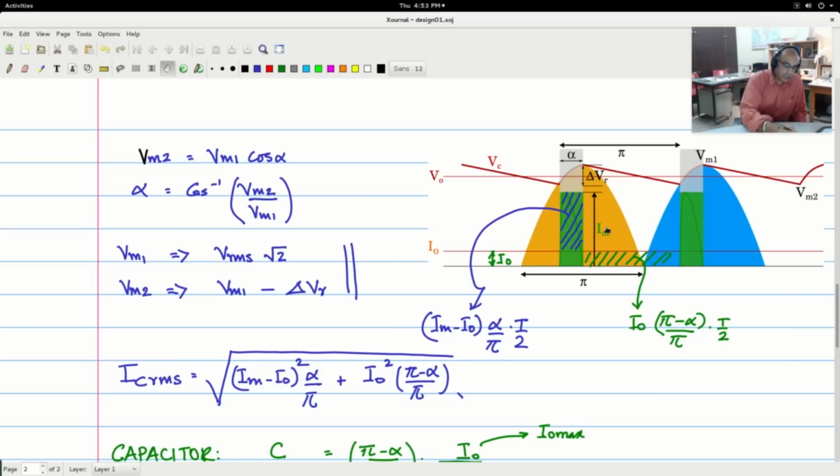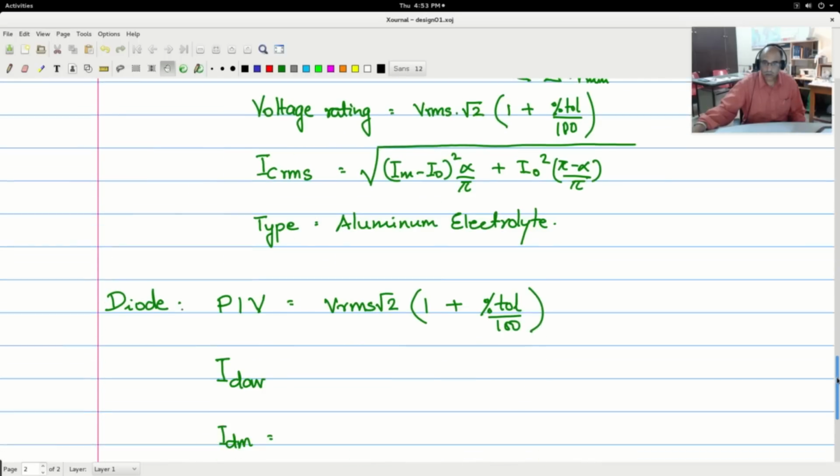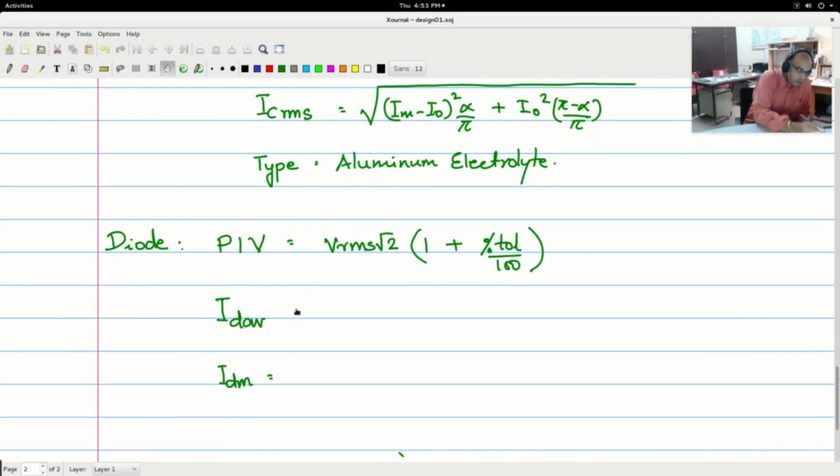So for the diode we can easily find the average as Im α/2π. This would be the average current that flows through the diode, and when you choose the diode it should have an average current rating greater than this. Im itself is the peak current rating, which is flowing for a very small period around α for this kind of pulse approximation.